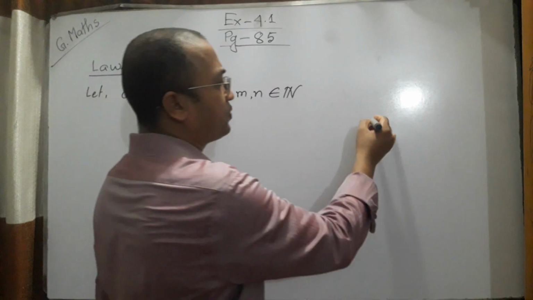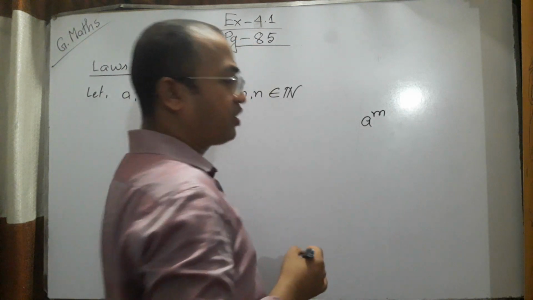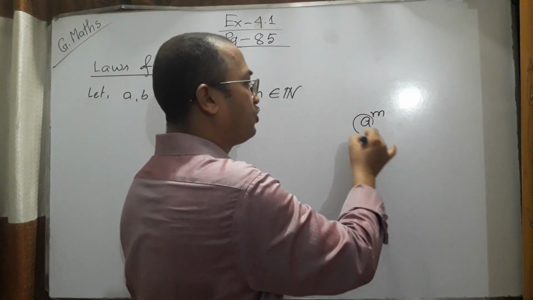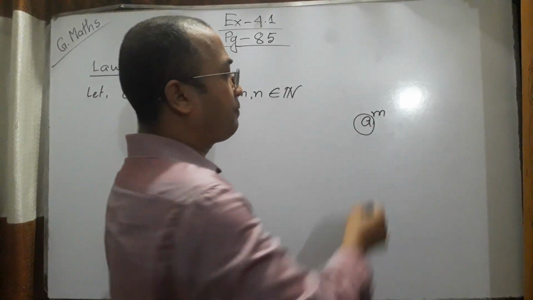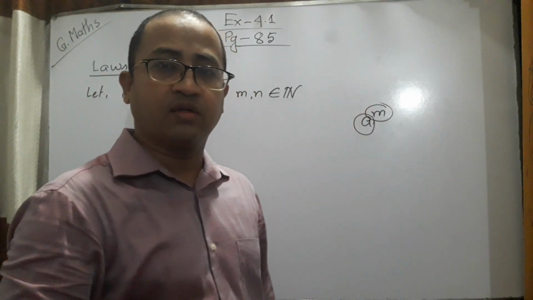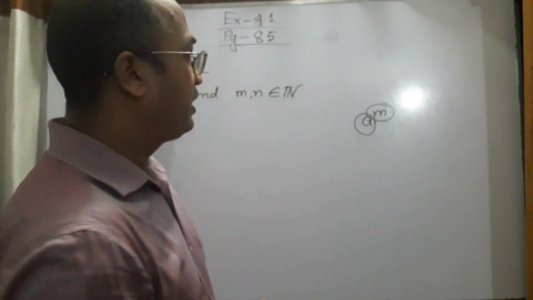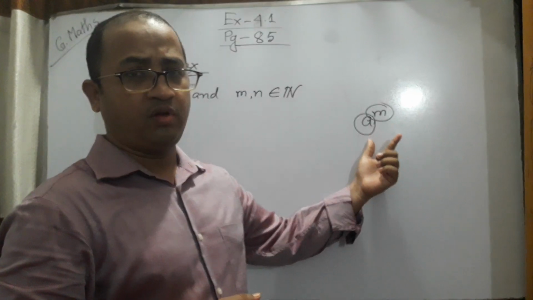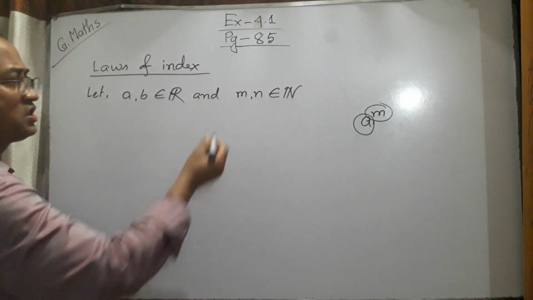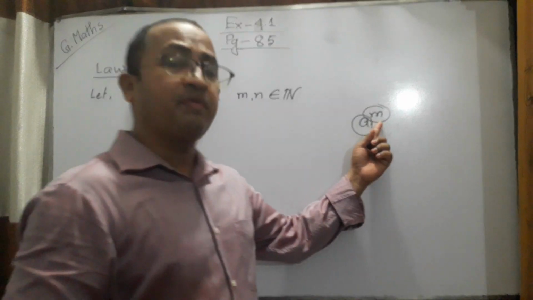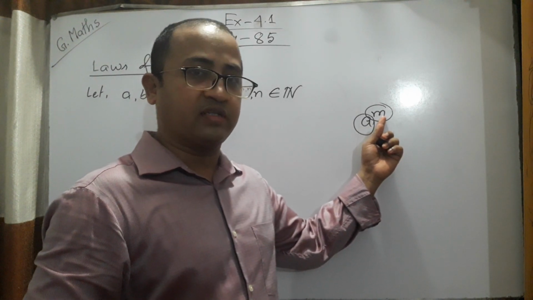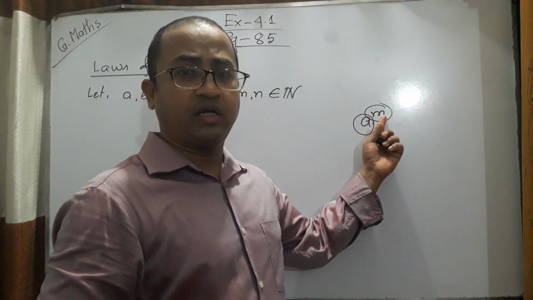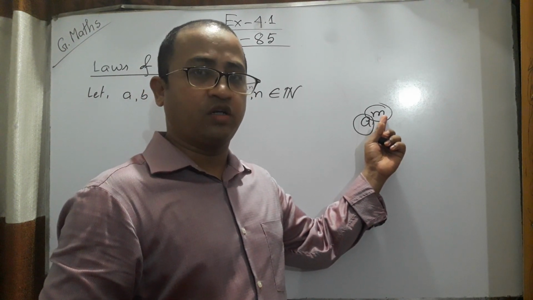Look, a to the power n or a to the power m is possible when the base is a real number and the power is a natural number. It may be fractional also, not only natural, any rational number.